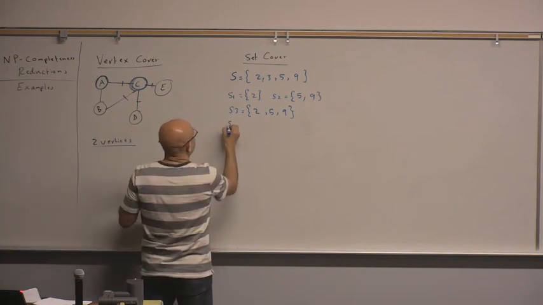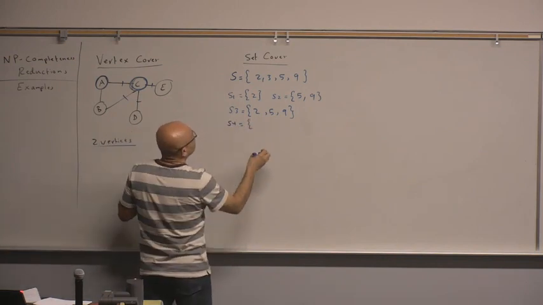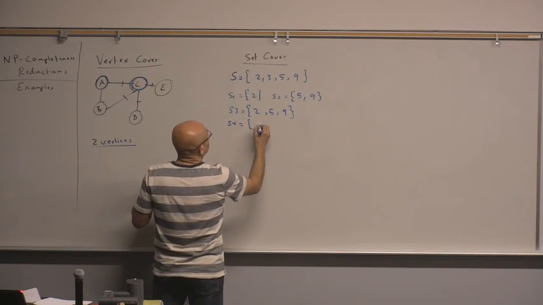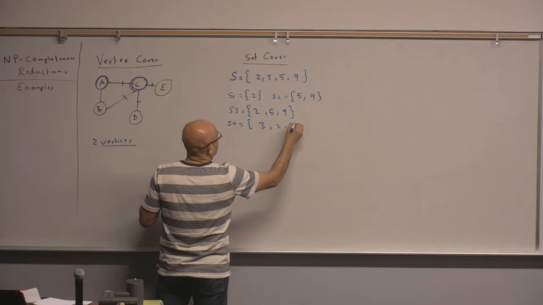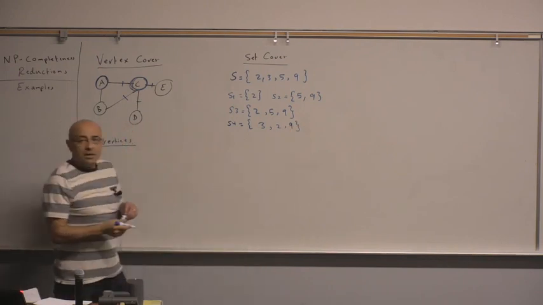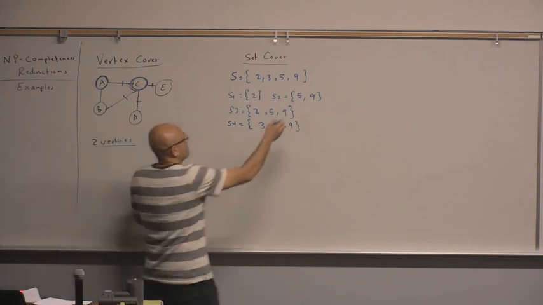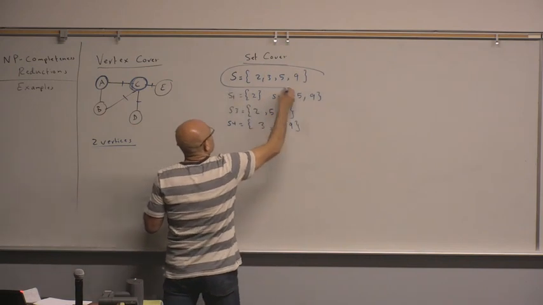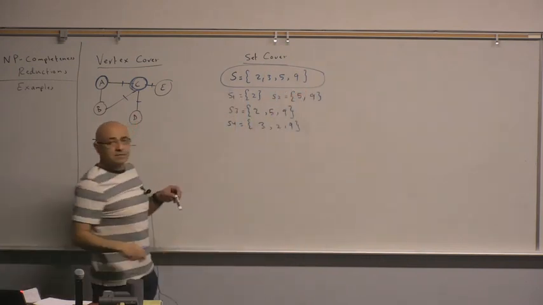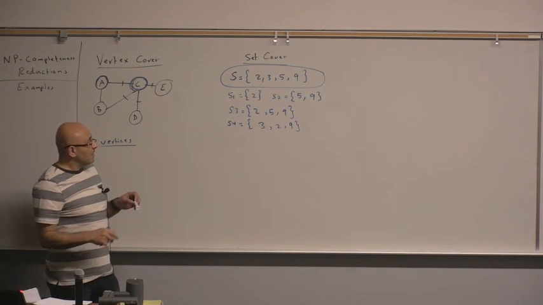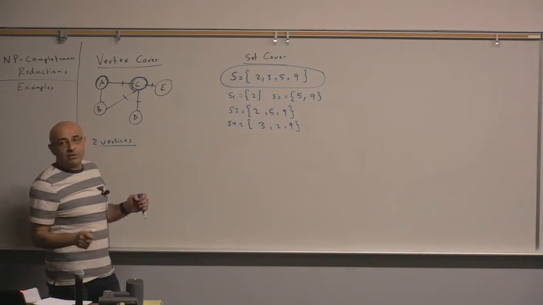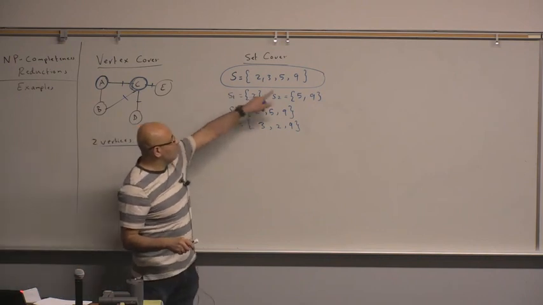And this is a fourth subset. And we're given the set. This is the set. The question is, out of these subsets, find a minimum number of subsets that will cover all the elements in the original set. So we'd like to cover 2, 3, 5, and 9.